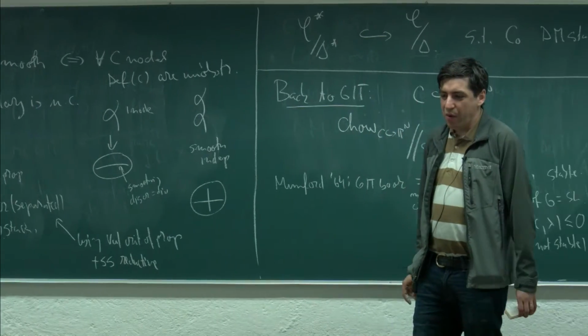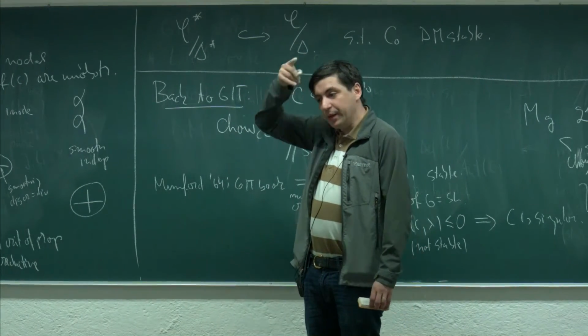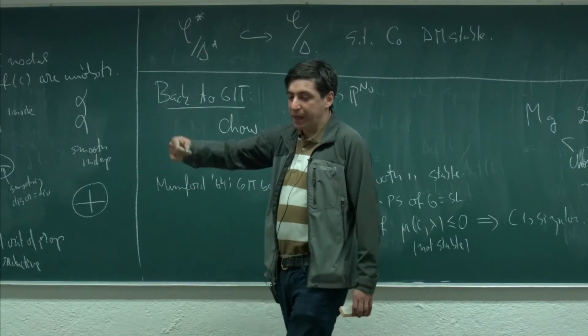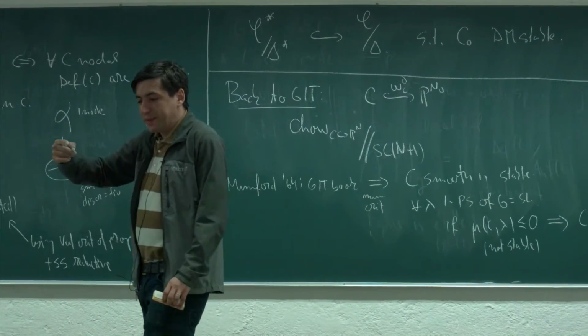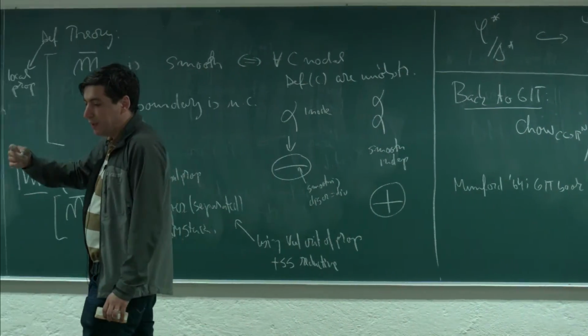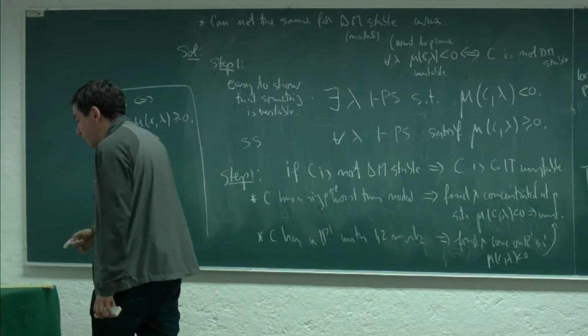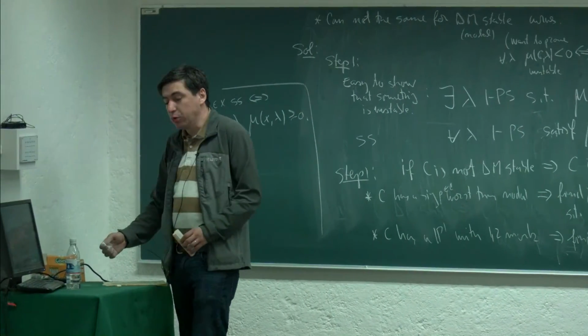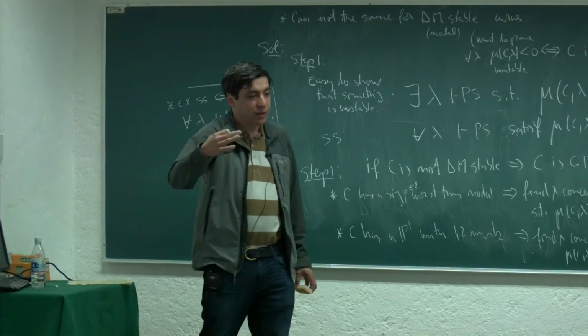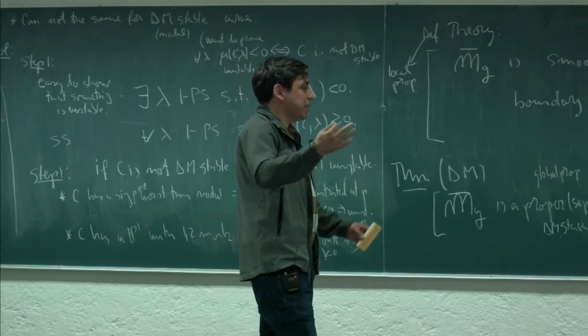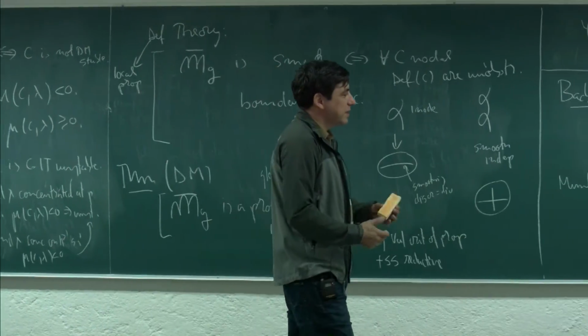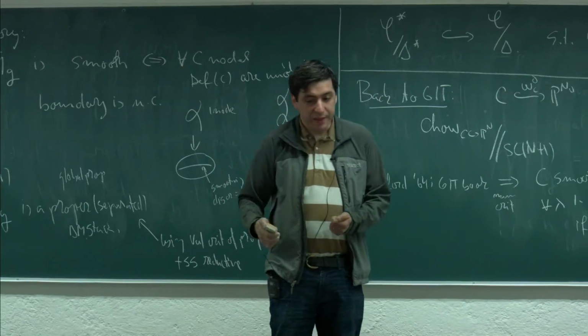Now I don't have time to explain, but when you have a one parameter subgroup, it singles out a flag. Associated to a one parameter subgroup you have a parabolic subgroup, which in turn singles out a linear flag, to which you give weights and so on.